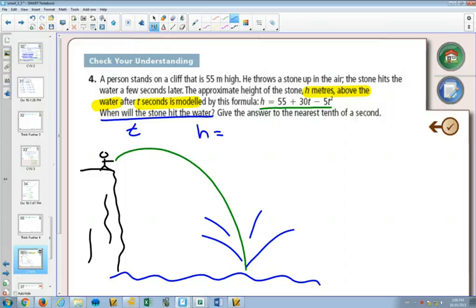We want to find it when it hits the water. Yes, we do. The height of the stone when it hits the water is? 55? No. It's up here at 55. How high above the water is it when it hits the water? 0.